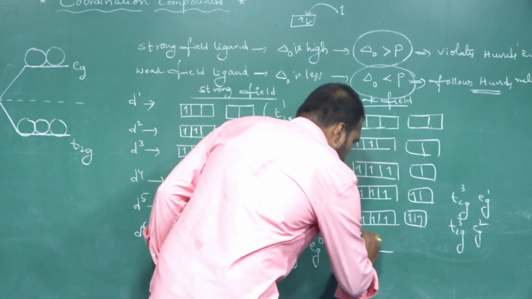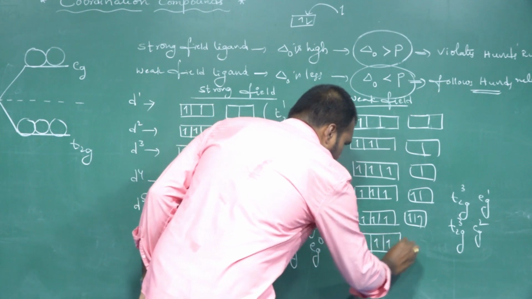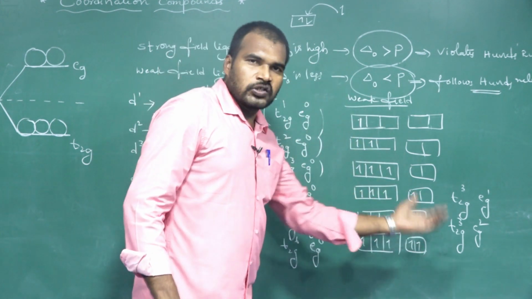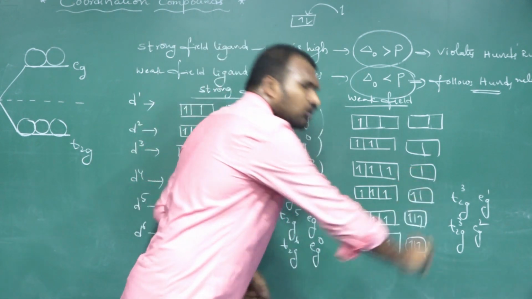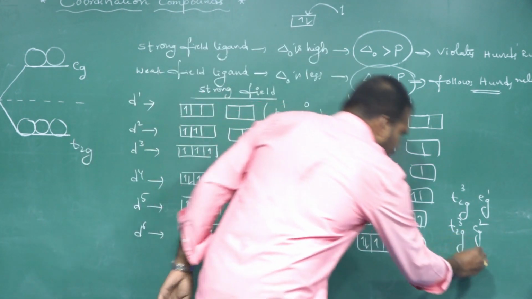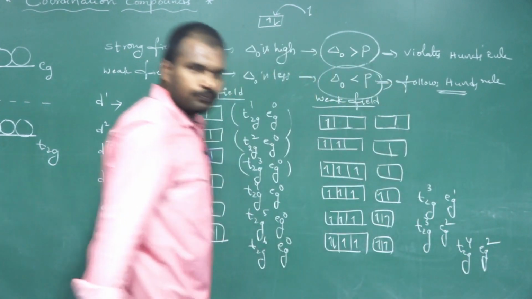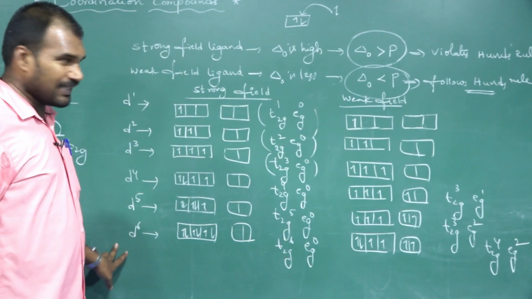Whereas in weak field ligands, 1, 2, 3, 4, 5. There is no other empty orbital, so the sixth electron should enter again into t2g. So the configuration is t2g4, eg2. Okay, this is about the d6 configuration.